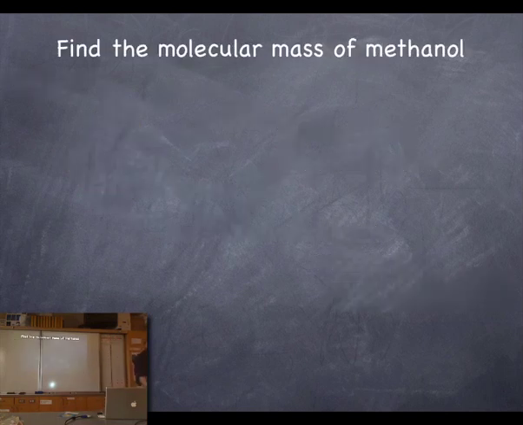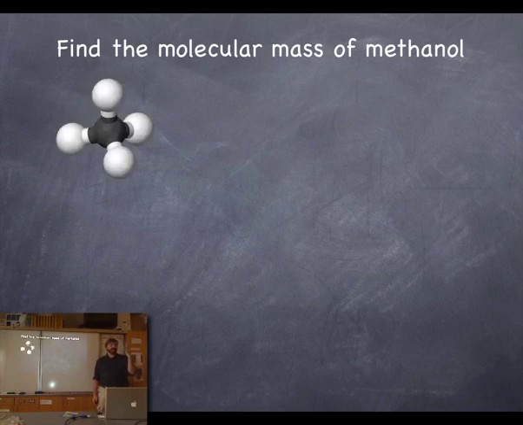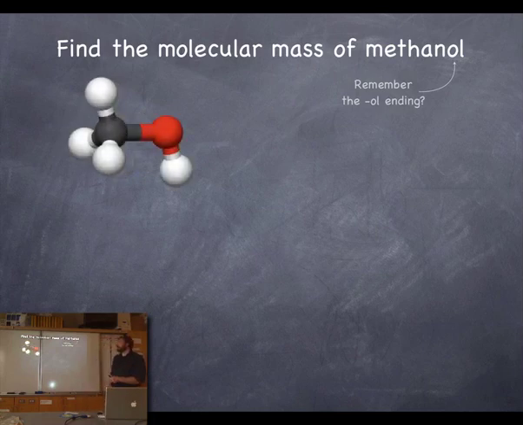Do it for methanol. Remember, what does meth tell me? 1 carbon and 4 hydrogens. It was methane. What does the OL ending tell me? It has an alcohol group. Take off one of the hydrogens and replace it with an alcohol group.